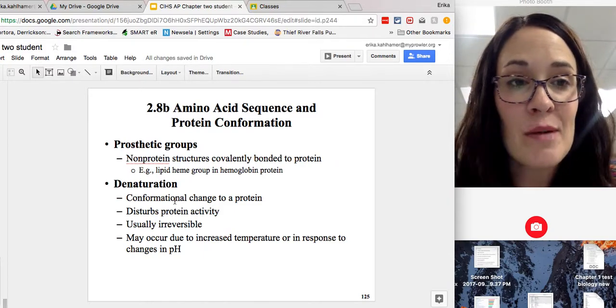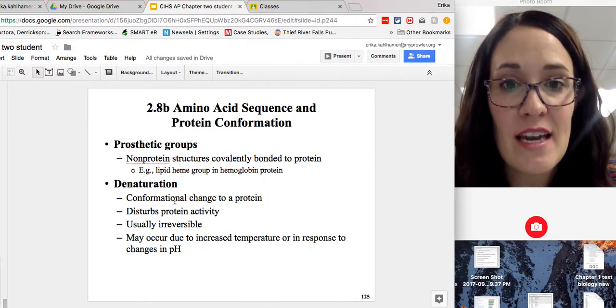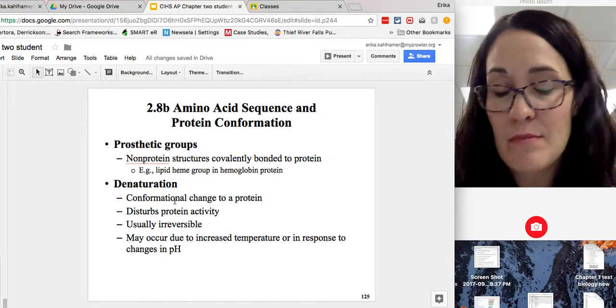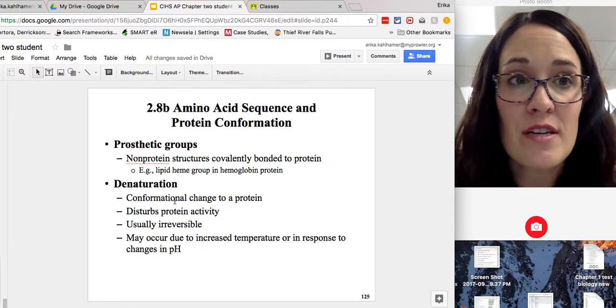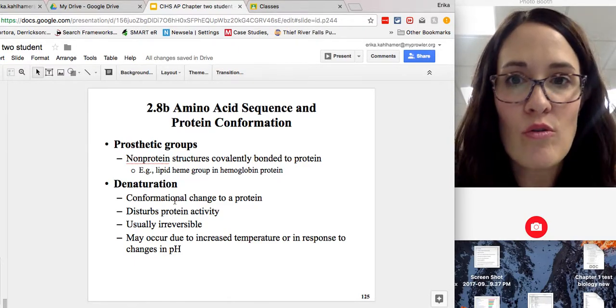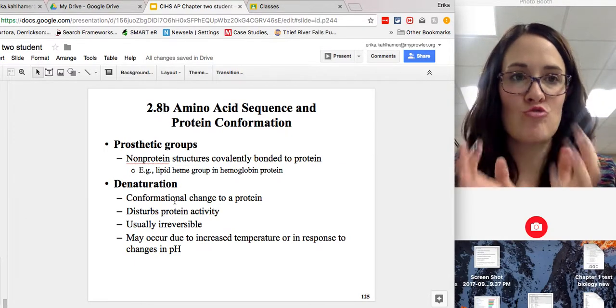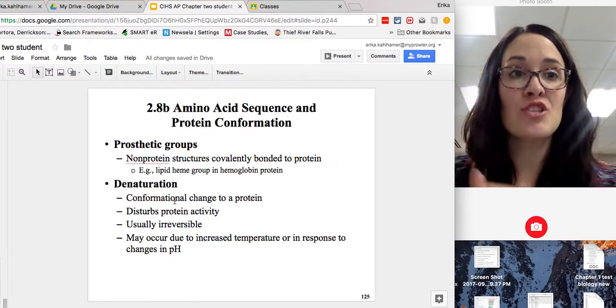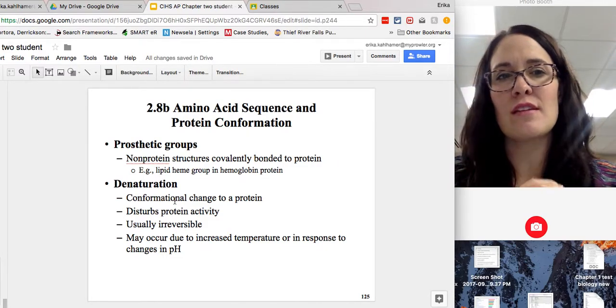And high temperature can cause proteins to denature, or changes in pH. And this just goes back to high temperatures are dangerous. You don't want a person's temperature to get dangerously high, because proteins that make up your body's structure and how your body functions can denature or change chemically, so they can't do the things they do.